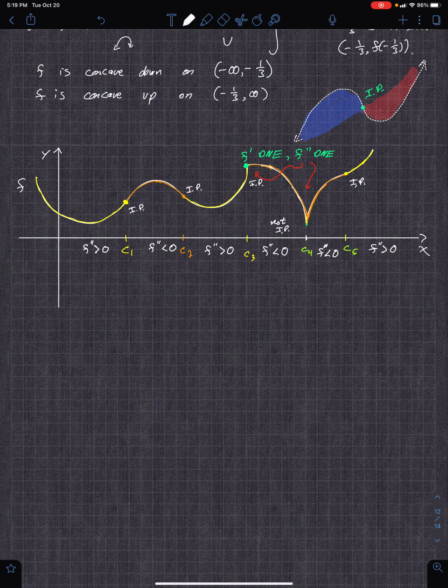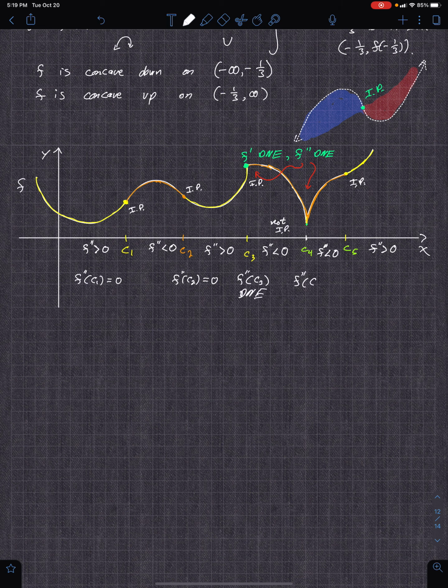And then the other thing you'll get is f double prime of C1 will be 0, and then etc. That's what I actually had you erase. You may still have it there, that's fine. And then here f double prime of C2 is equal to 0, f double prime of C3 is a DNE, does not exist.